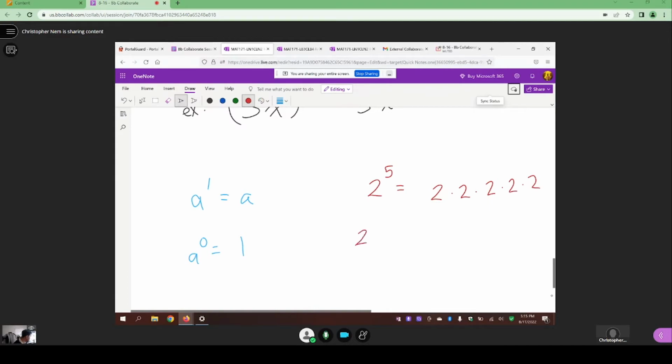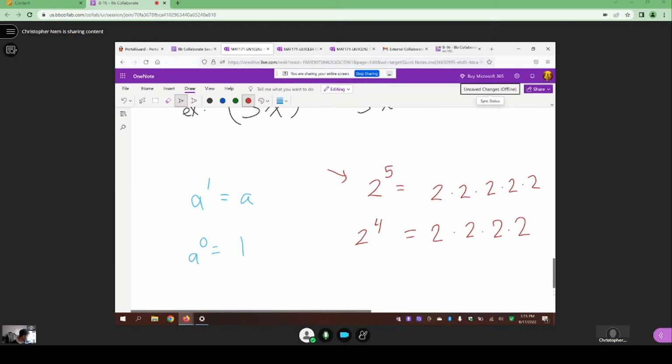What if I did 2 to the 4th power? If I went forward, I would multiply it by 2. If I go backwards, I have to do the inverse, which means I have to divide a 2 out from this guy right here. So that's just 2 times 2 times 2 times 2. It lost a 2. I divided a 2 out.